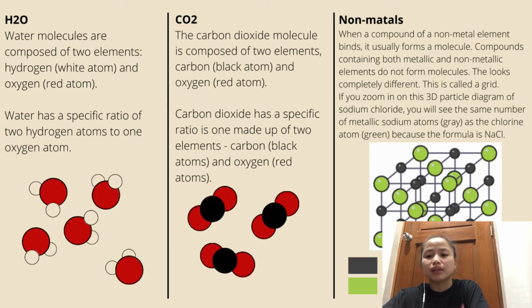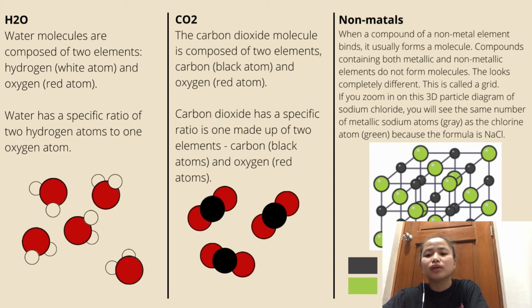Lastly are the non-metals. When a compound of non-metal elements bonds, it usually forms a molecule. Compounds containing both metallic and non-metallic elements do not form molecules. They look completely different. This is called a lattice.